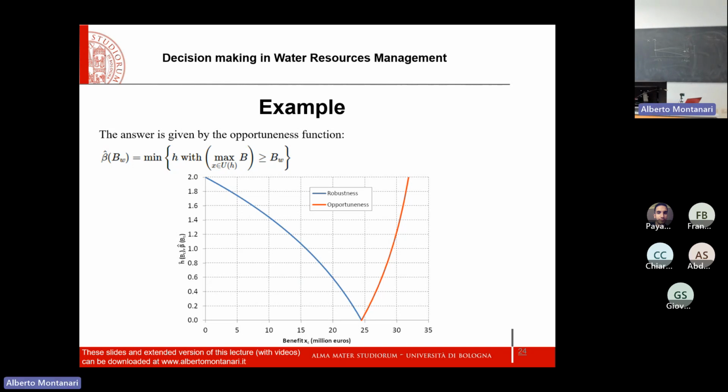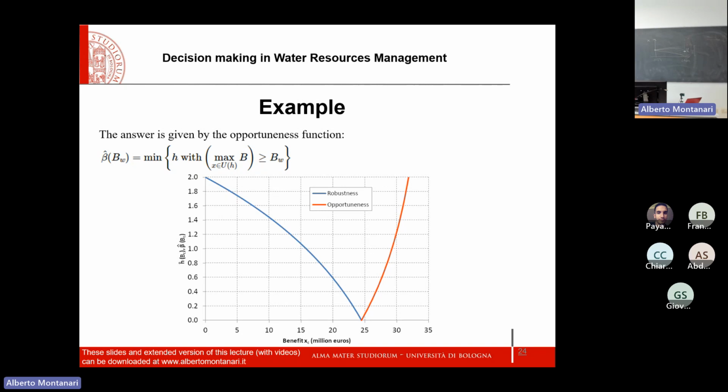So you see that in this figure, once I fix the value of critical B, which may be 15, and I fix a value for my windfall, which may be 30, I get an estimate of the max uncertainty that I can tolerate for a benefit of 15. It's about 1. And I get an estimate of the minimum uncertainty that I require in order to get 30, which is 1.2.